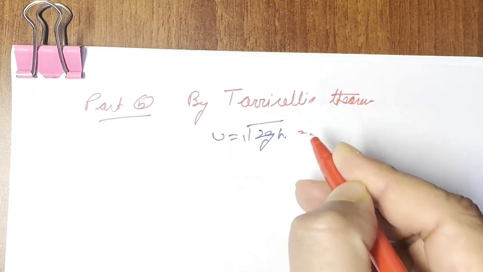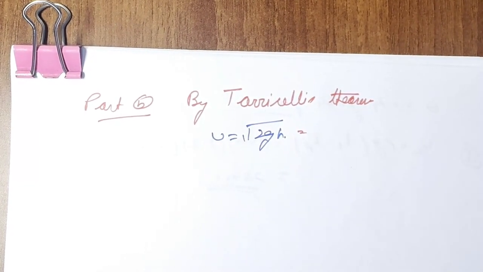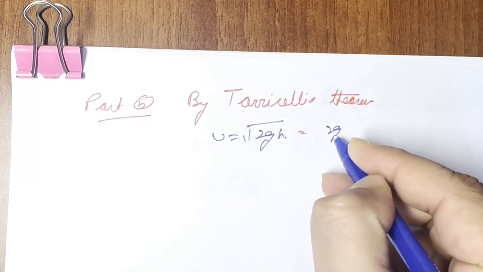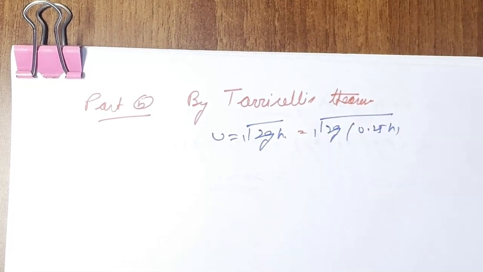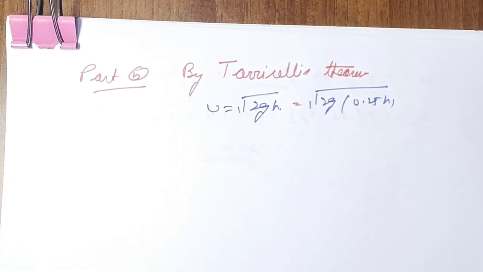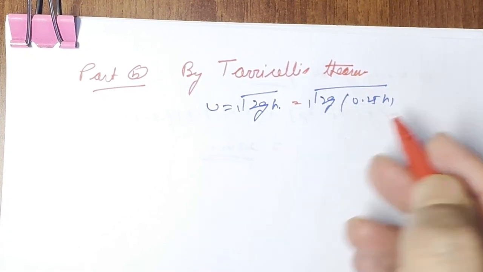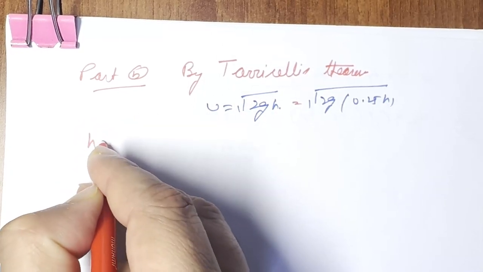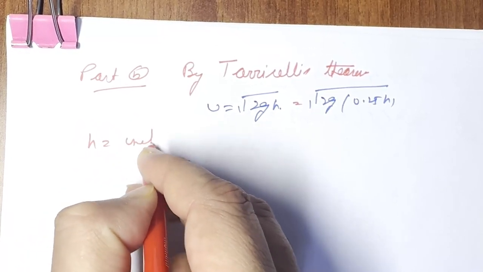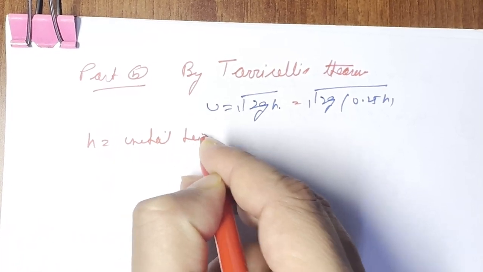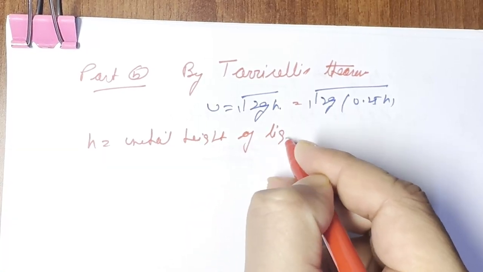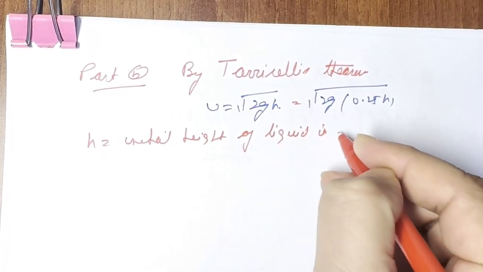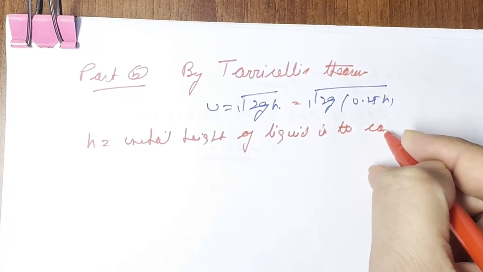So the present height will be equal to, under the square root, 2g times 0.25 of h. And here h was our initial height of liquid in the container.